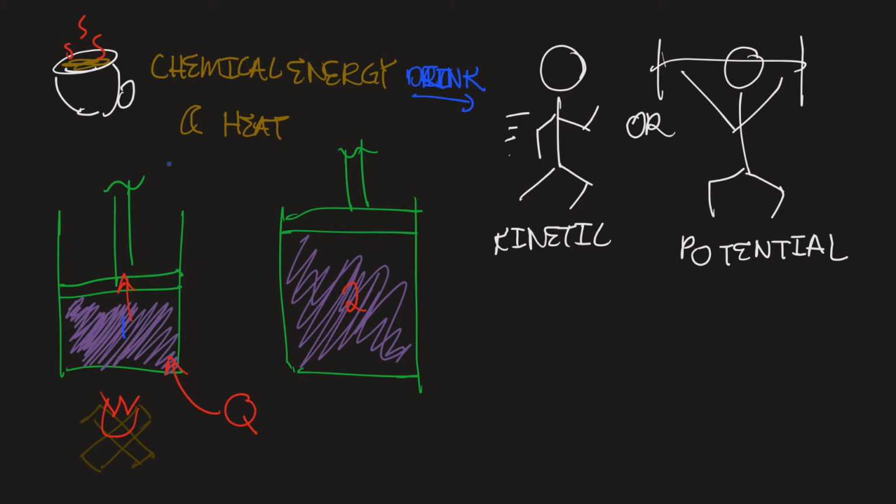We could also do work, either just pulling on the piston rod, or the system, the gas inside of the piston chamber has a greater pressure than the surrounding pressure over here. So that causes the piston to raise up as well.